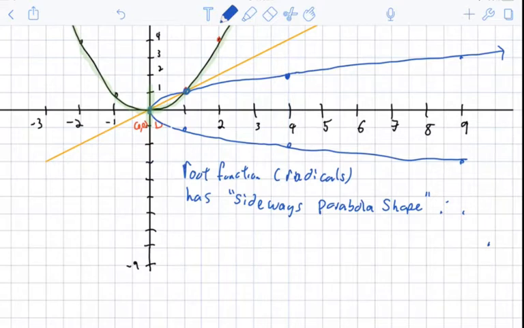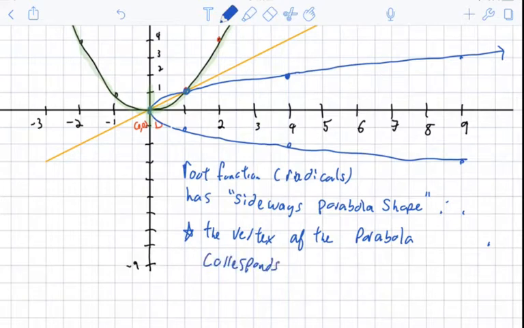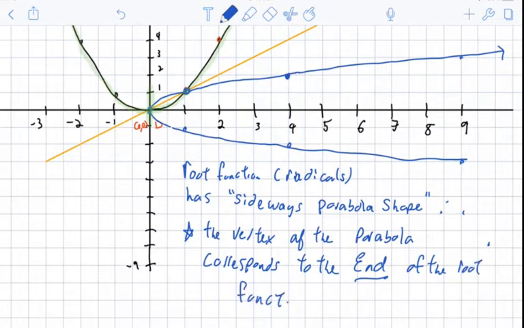Okay, and the vertex of the parabola corresponds to the end of the root function. So, in other words, the vertex is right here.